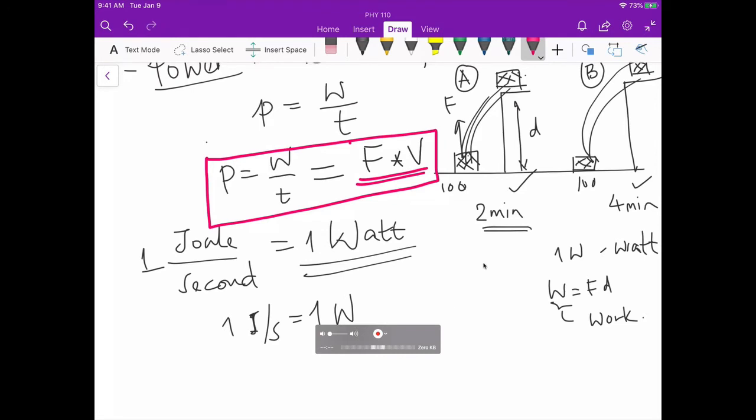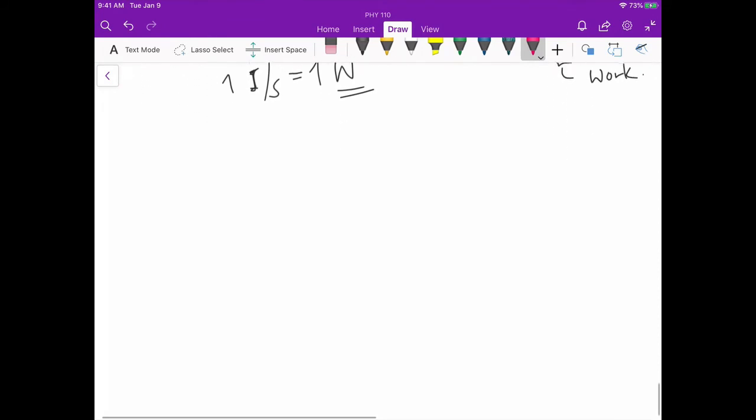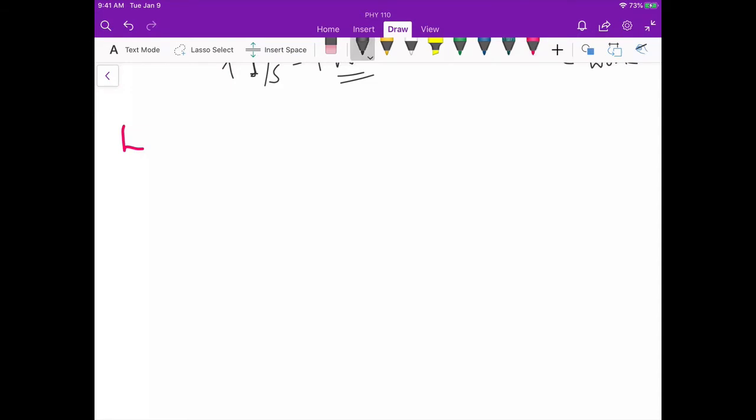Then we can go to energy, and how energy is related to work done. Energy is defined as the ability to do work.